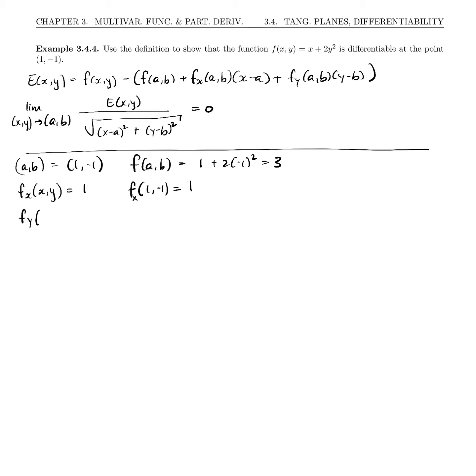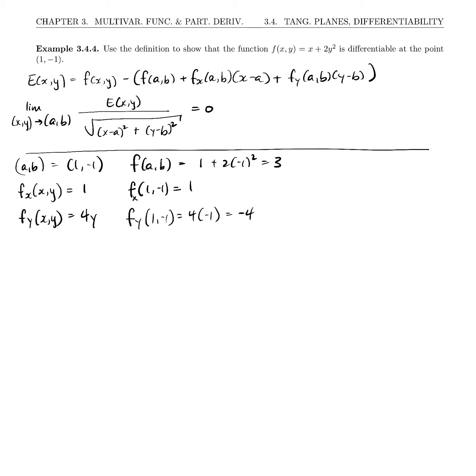F sub y at any point x y is, well, the x disappears. We take the derivative with respect to y, and we're going to get 4y. So f sub y at the point 1, minus 1 is 4 times minus 1, or minus 4.